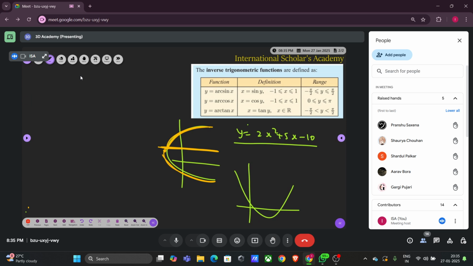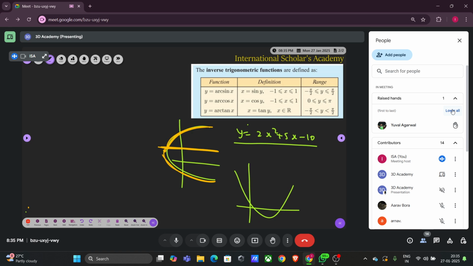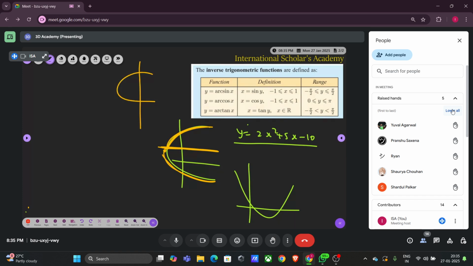How many of you are understanding this point? Please raise your hands. What basis do we have to identify whether a given thing is a function or not? If a graph is given, we understand it from the graph point of view. The graph should not cut a vertical line at 2 points. If it cuts at 2 points, it is not a function. So when you draw the vertical graph like this, its inverse will look like this. When you draw a vertical line, it will cut at 2 points.